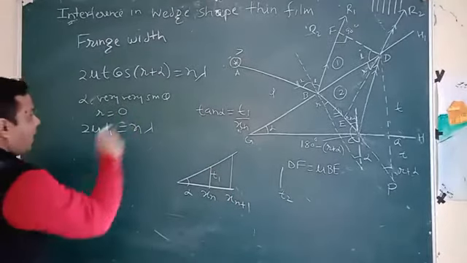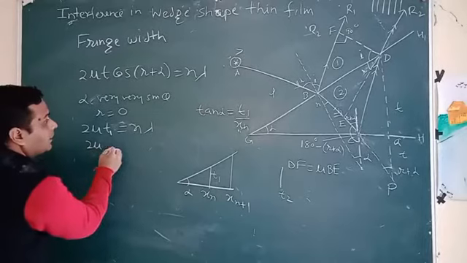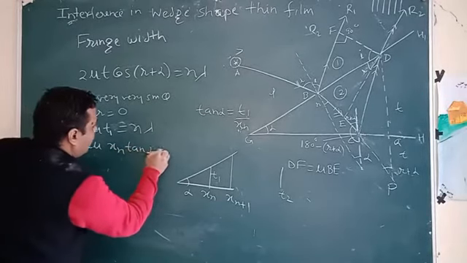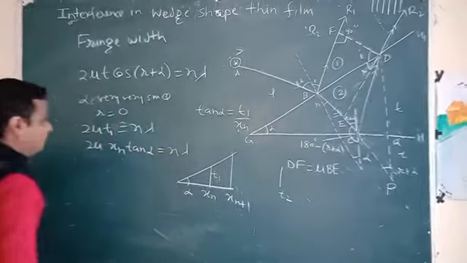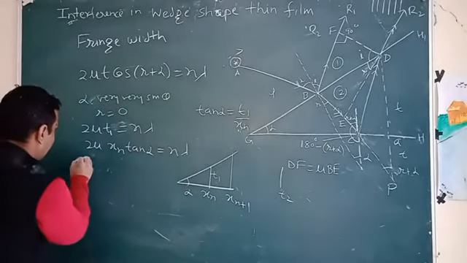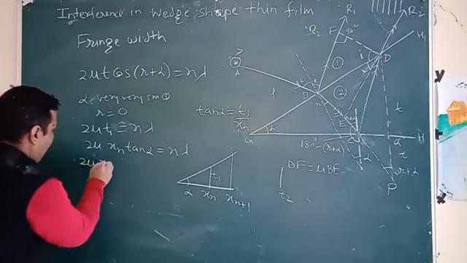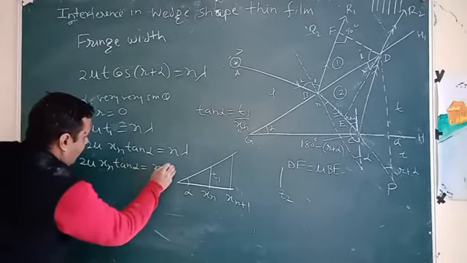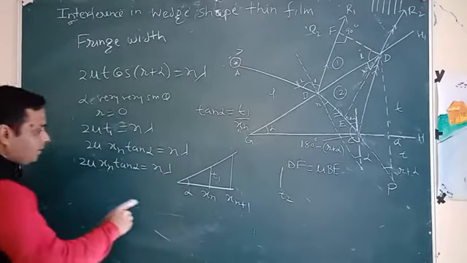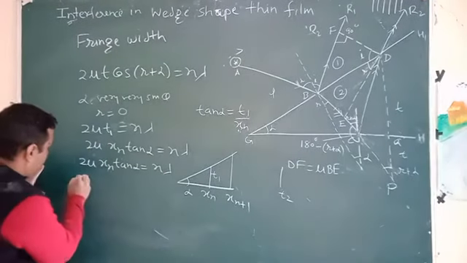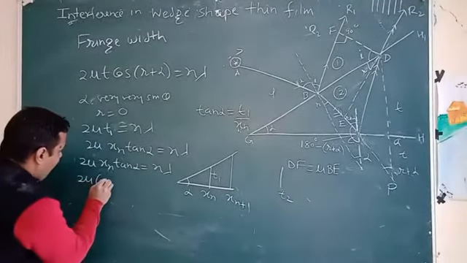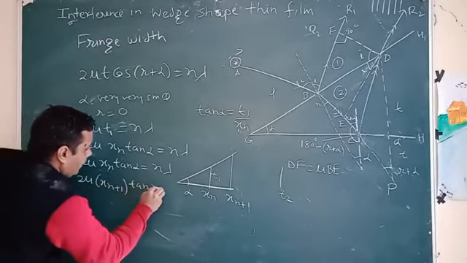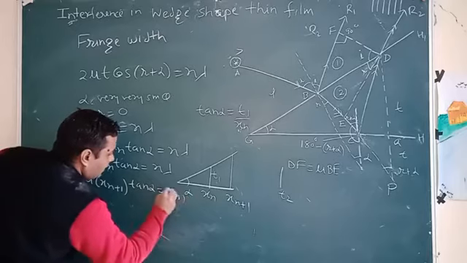Here we can replace T1 is equal to xn tan alpha, so 2 mu xn tan alpha is equal to n lambda, and for xn plus 1, the same condition is 2 mu xn plus 1 tan alpha is equal to (n plus 1) lambda.